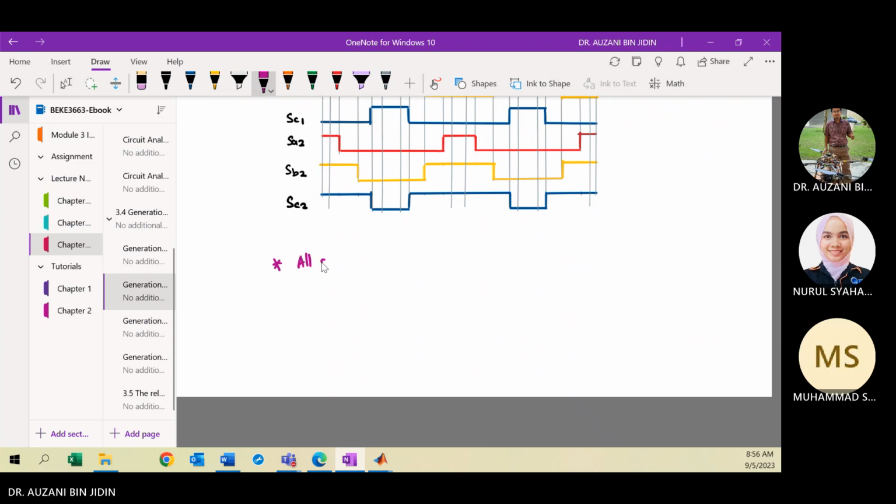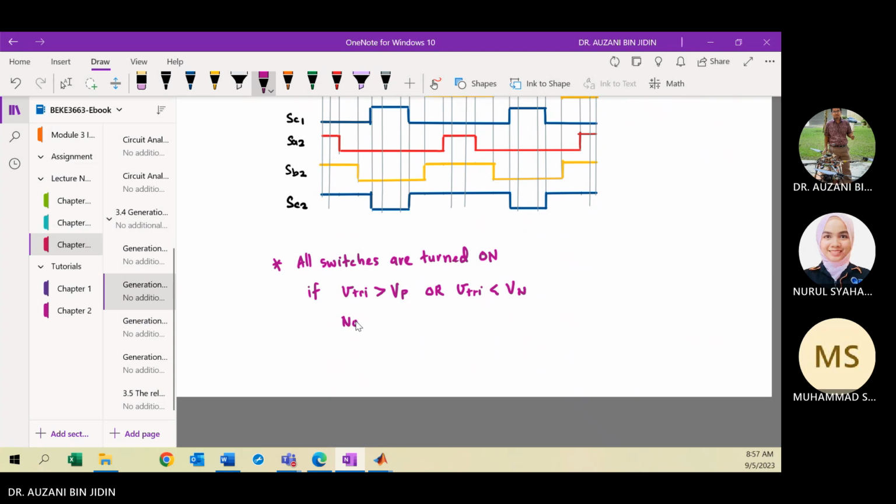All switching states, all switches are turned on if your triangular waveform is larger than VP. So that's why we need to introduce the constant signals VP and VN. Or if the triangular waveform is less than VN.